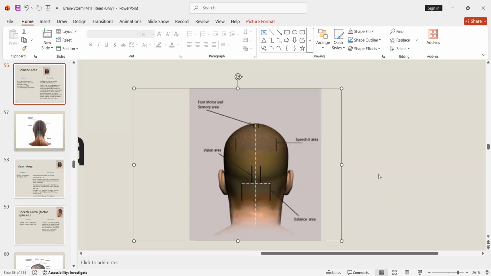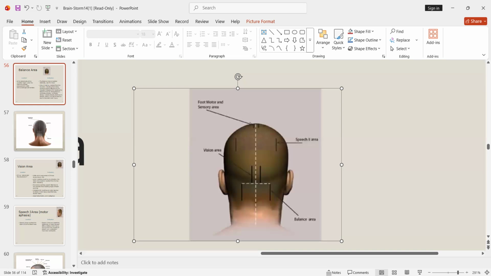Are we going to use it bilaterally, sir? Yes, bilaterally, because it balances your body. Can this also work for foot drop?